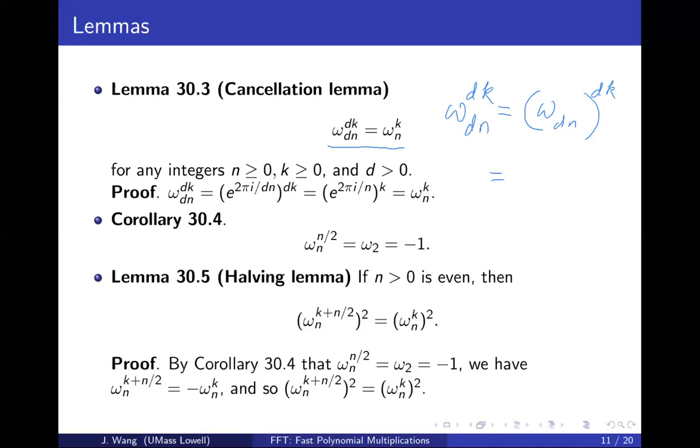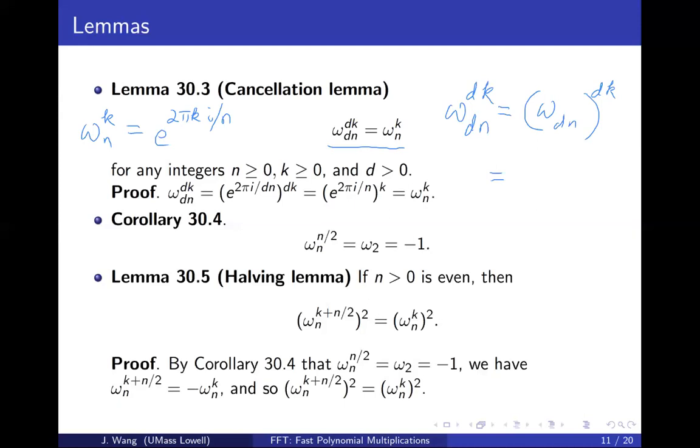Now remember what I wrote in the previous slide: omega n to the k is e to the 2 pi k i over n.